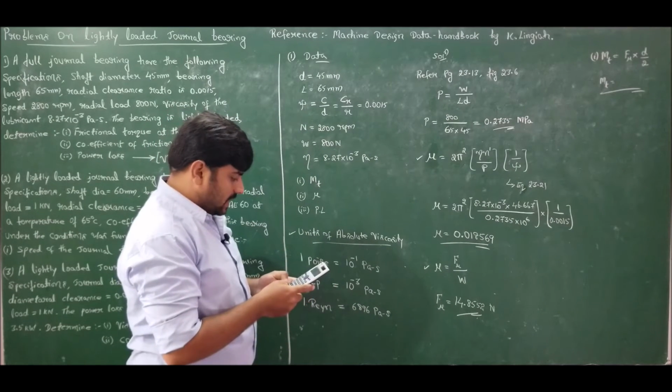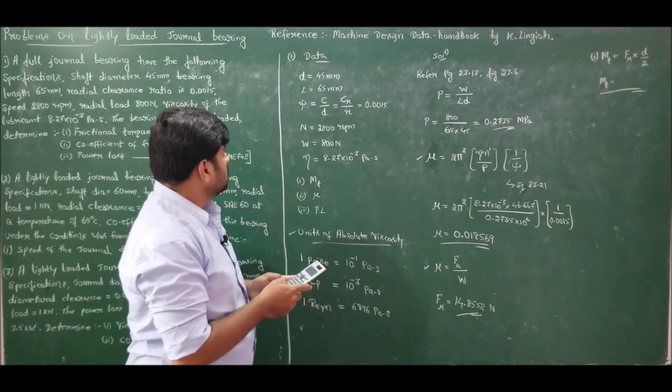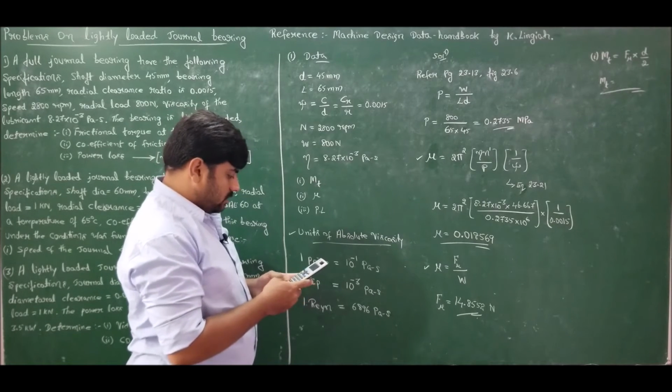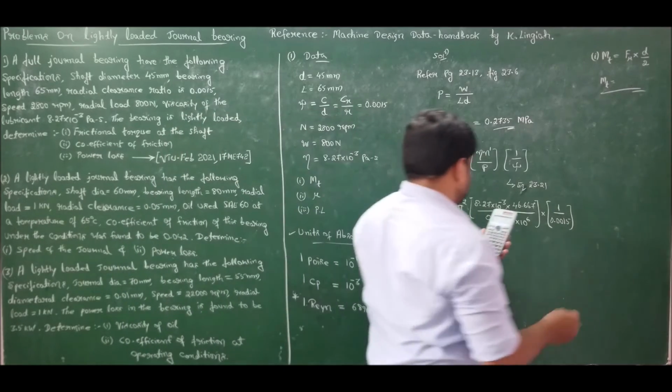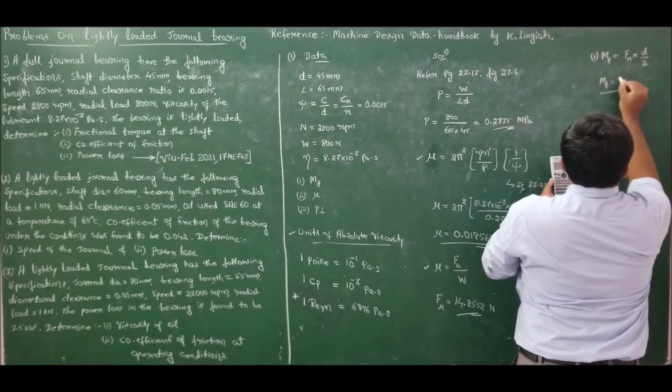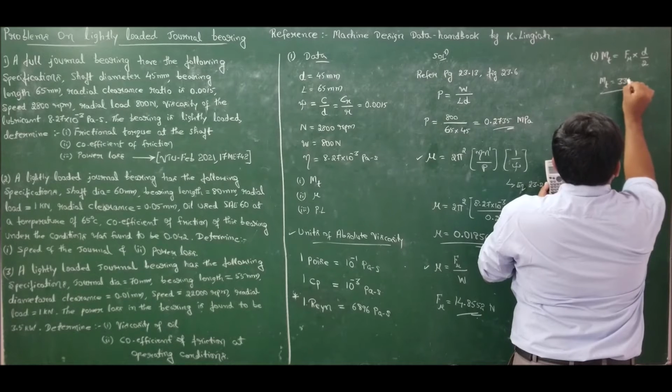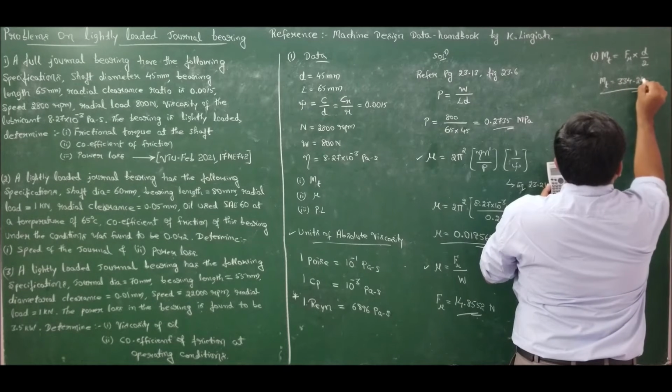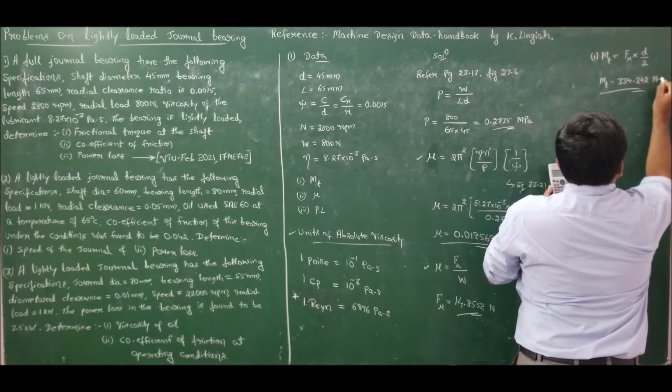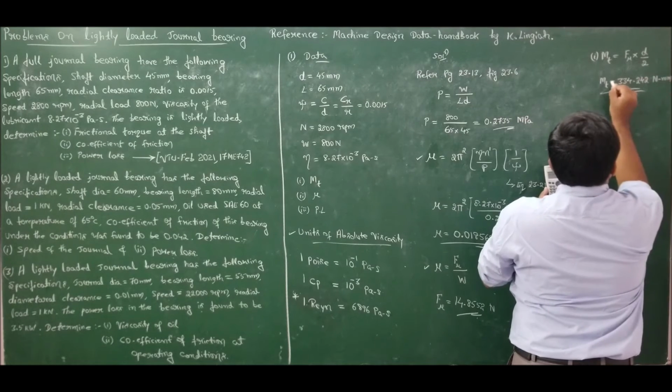So therefore, I will get the answer as this into 45 by 2, that is 334.242 Newton millimeters.